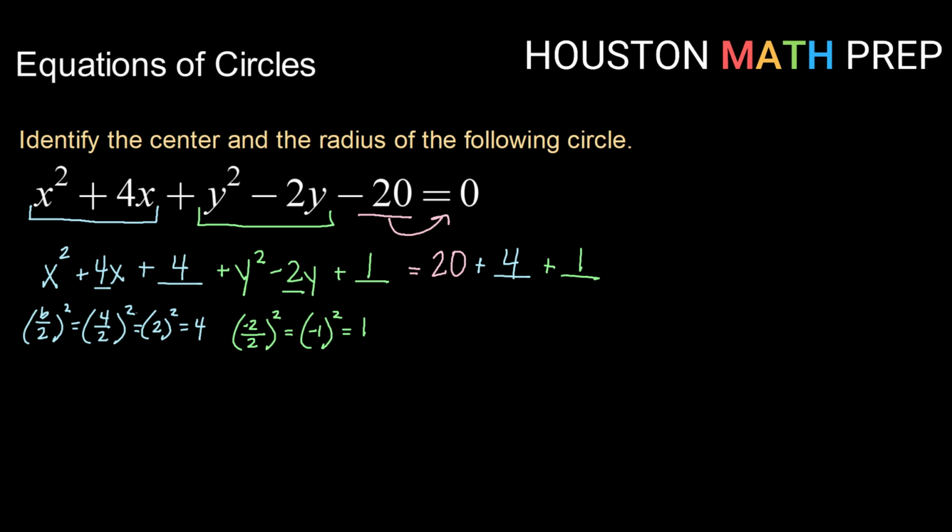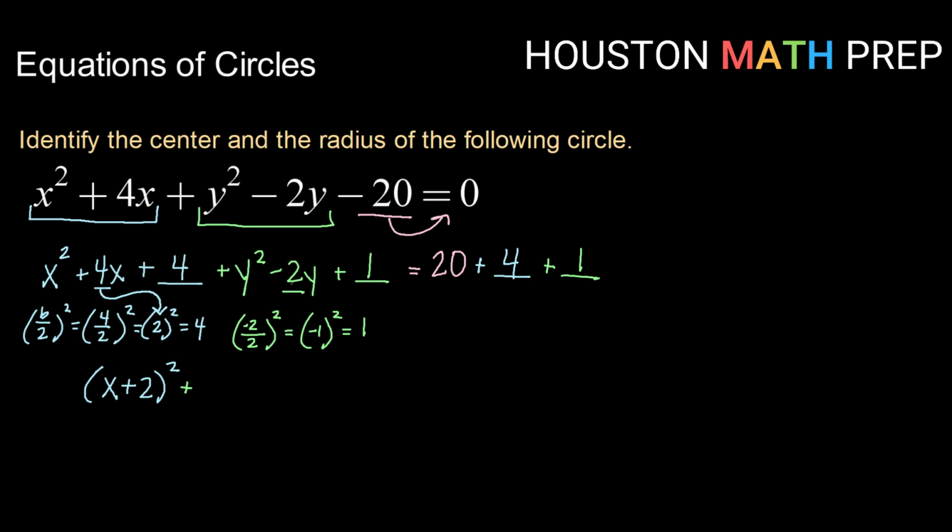Now the whole purpose of completing the square was so that we could factor this perfect square. Remember that you can, if you write down your steps, use this middle term right here to help you know the factors. So x squared plus 4x plus 4 factors to be x plus 2 squared.